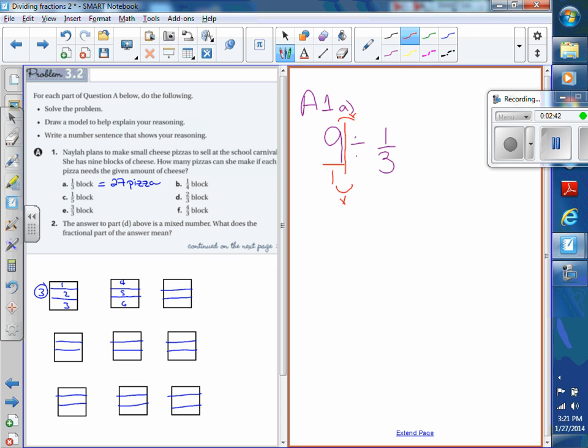And so what would you have? 27 thirds divided by a third, right? And whenever we have common denominators with division, we could just divide the top numbers like we worked on last week. So 27 pizzas.